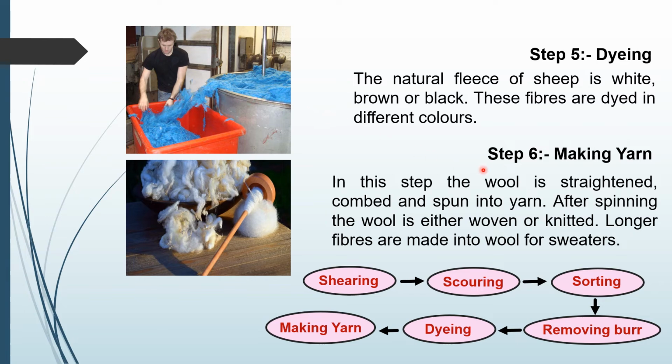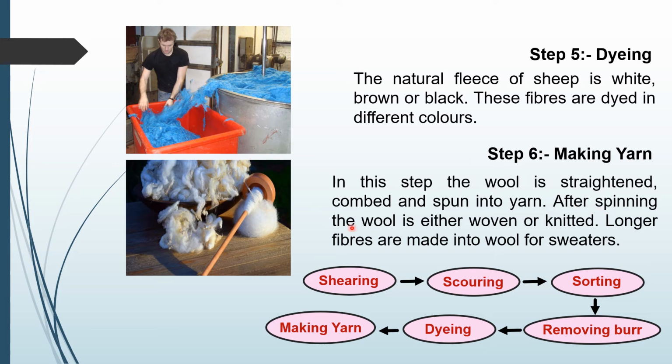And the last step, step 6, is making yarn. In this step, the wool is straightened, combed and spun into yarn. This is the spinning process. Here is the wool, and the wool is straightened and spun, and we call it yarn.